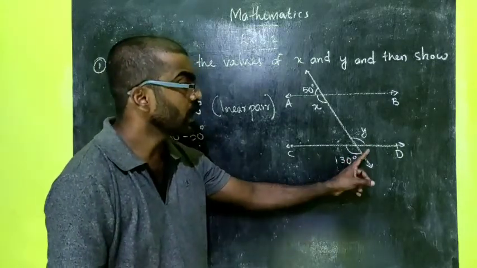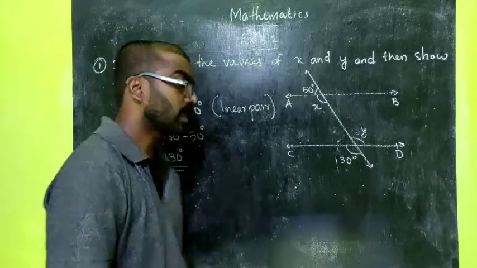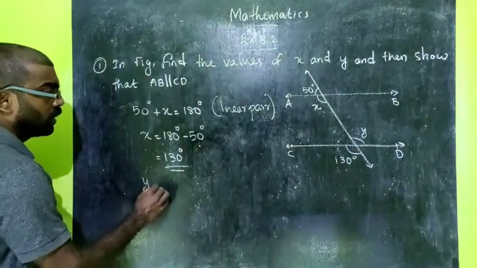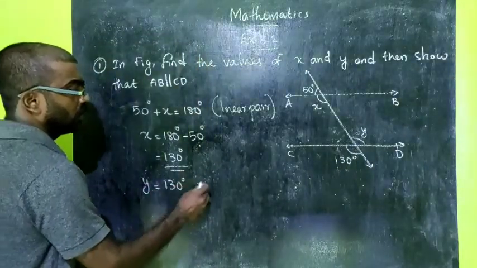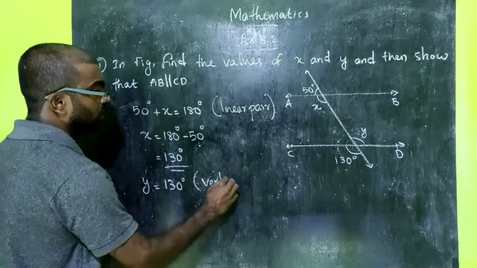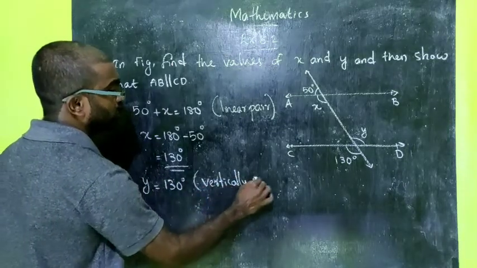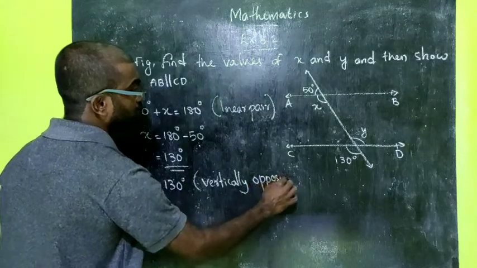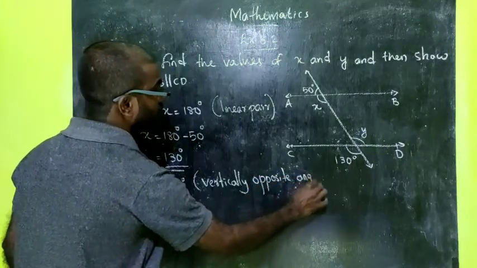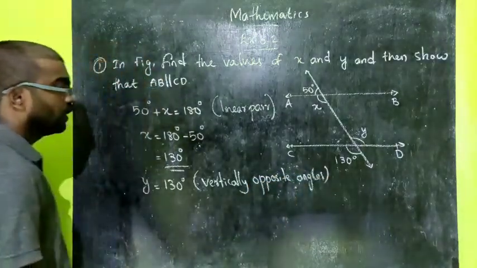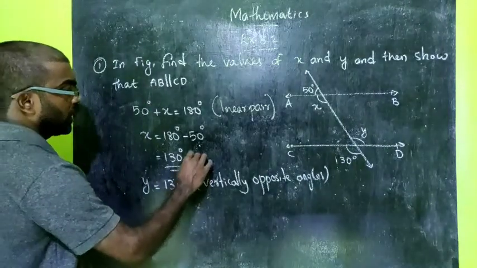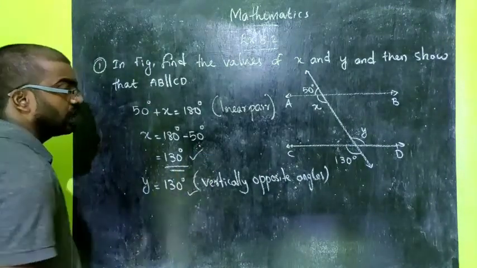So we can easily write y is equal to 130. Reason, vertically opposite angles. So now we got the values of x and y are 130 degree each.